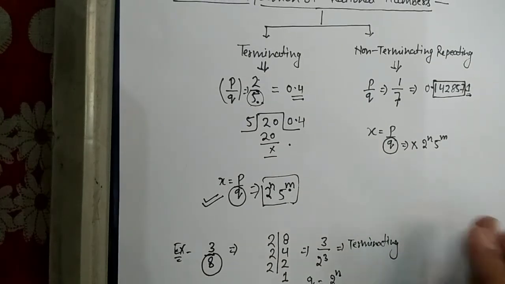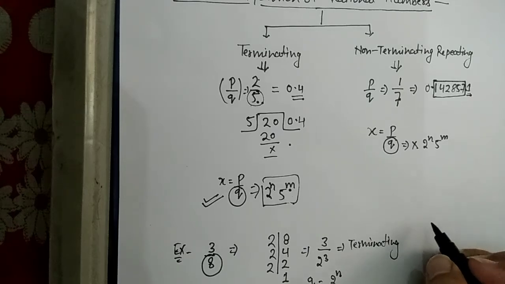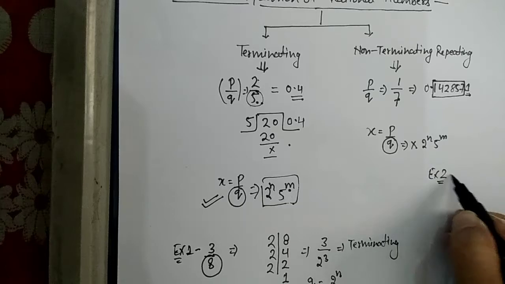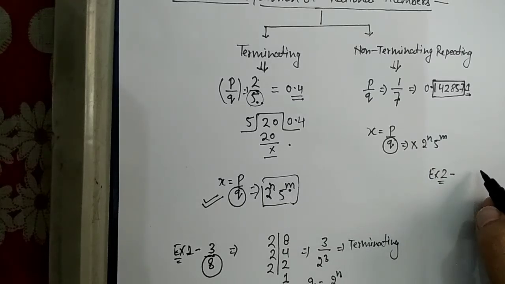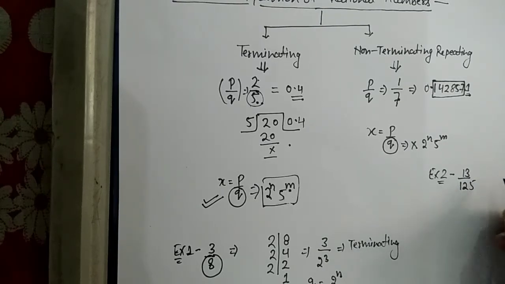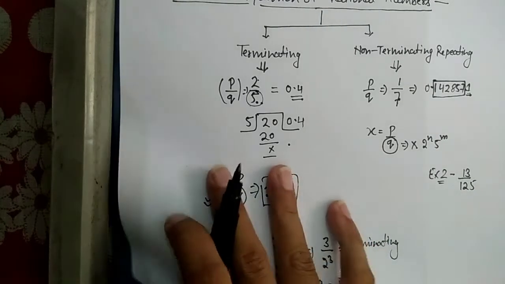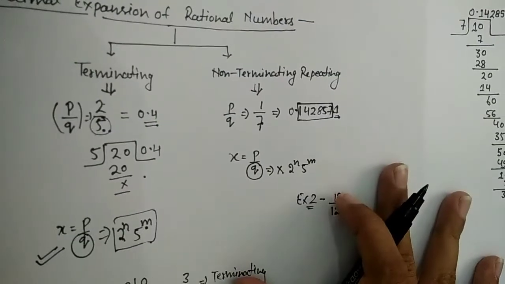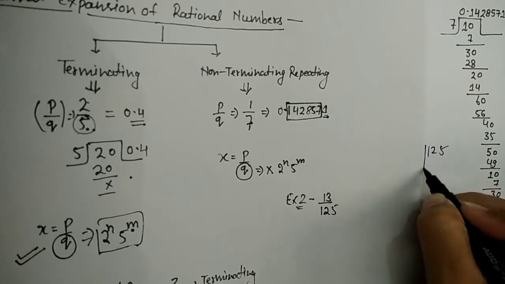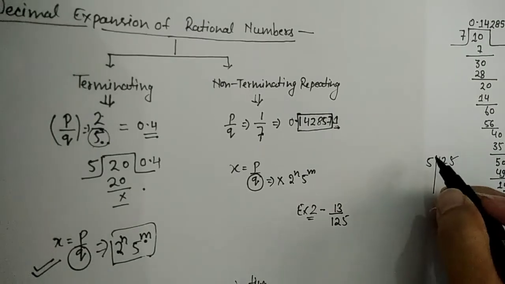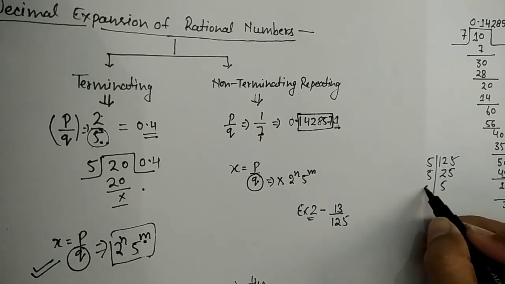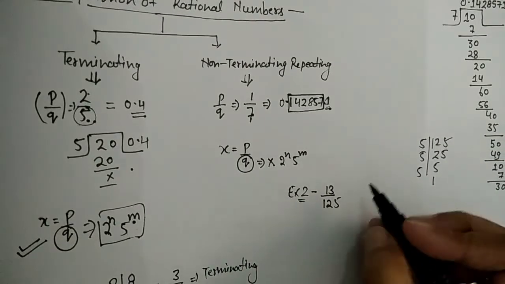Let's take another example, example 2. This is the example 13 upon 125. Let's factorize 125. 5 times 2 is 10, 25, 5 times 5 is 25, 5 times 5 is 25, 5 times 1 is 5.